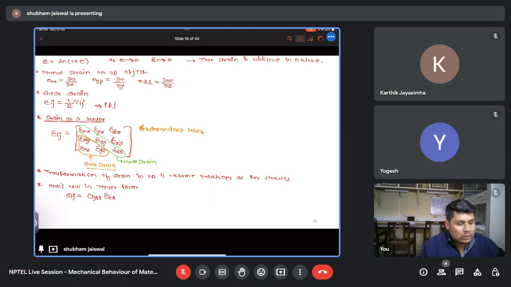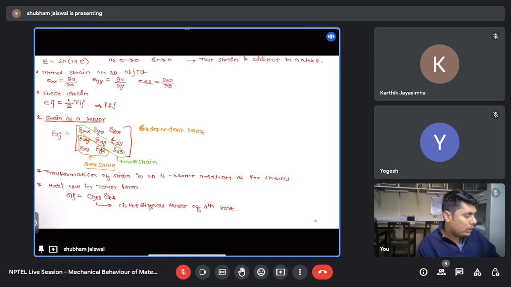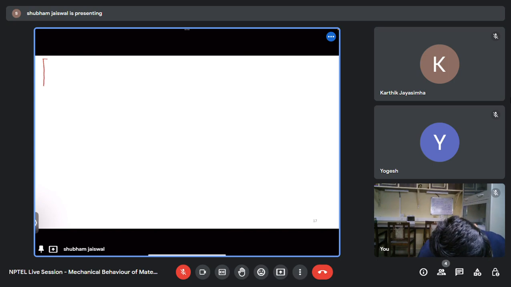C is nothing but the stiffness tensor, and it is of rank 4. Now after that we have represented this in the form of a matrix.